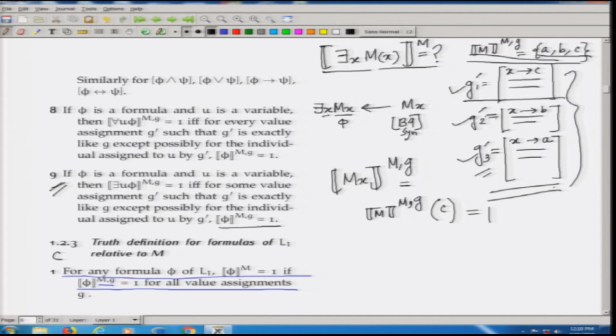So then the next step, this you write, then you just write therefore sum x mx with respect to mg is 1, and the next step will be therefore, so this is rule 9, just write B9, of course semantics, and then you say that therefore sum x mx with respect to m, so g is gone, is 1.